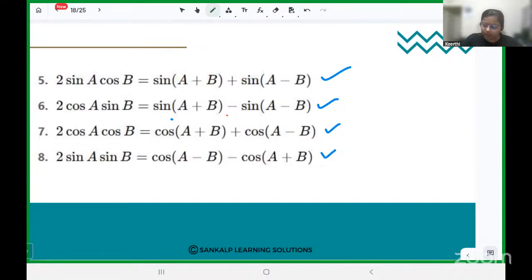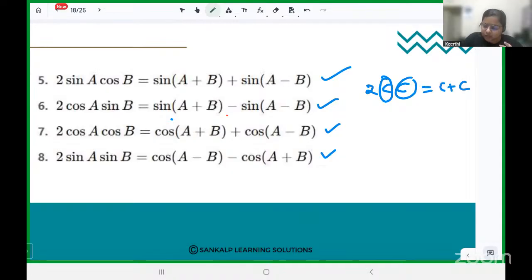Okay, so here I'll tell you a trick. If it is useful to you, it will be good for you to memorize these identities. I'm grouping them into two as same functions. I'm taking the first letter of the functions, that is for cos I'm taking c, and for sine I'm taking s. So 2cc is equal to c plus c.